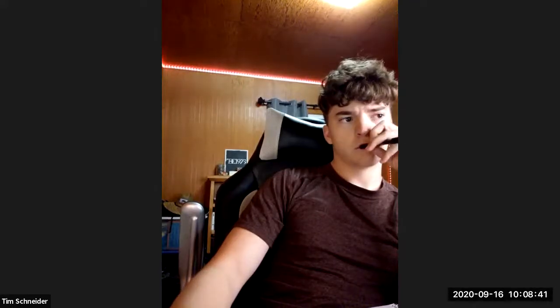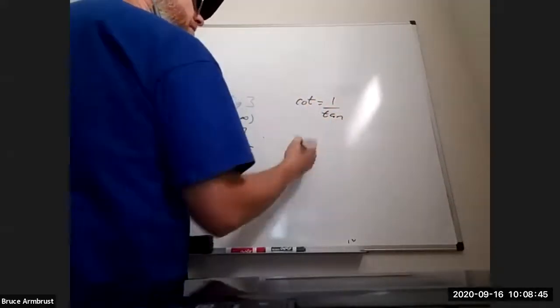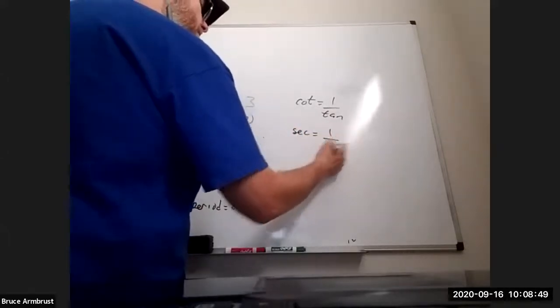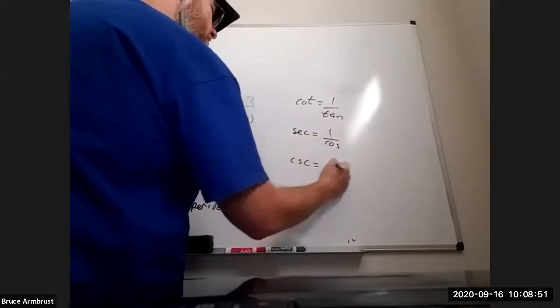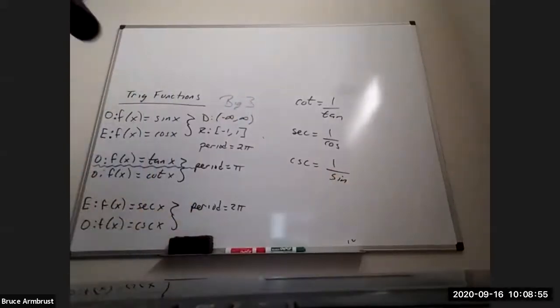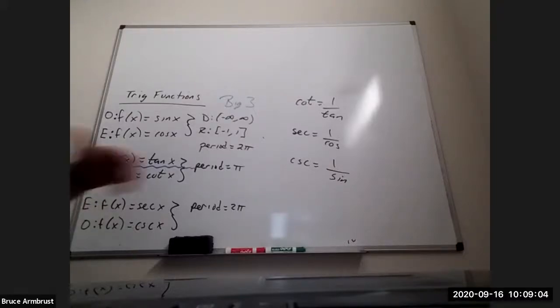These you find the other three, where cotangent is 1 over tangent, secant is 1 over cosine, and cosecant is 1 over sine. Those you just flat out know. So know how to get to the big three from the other three.